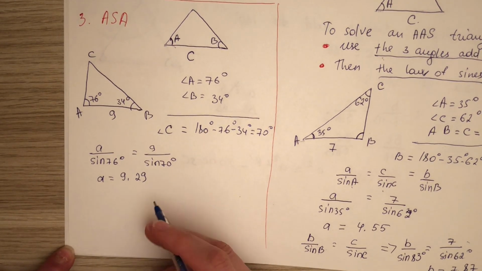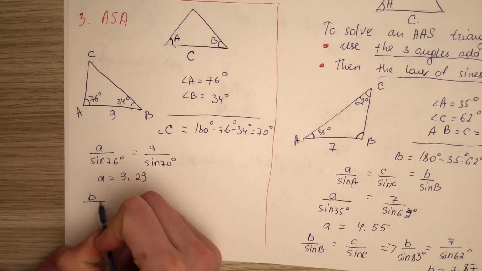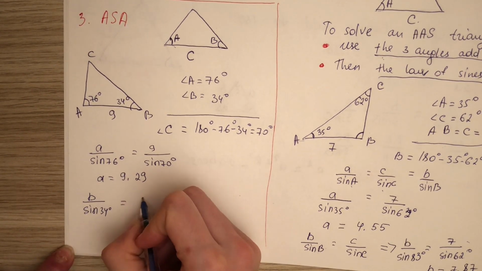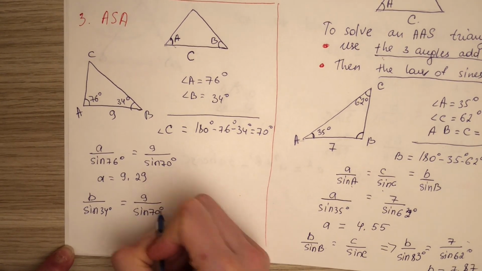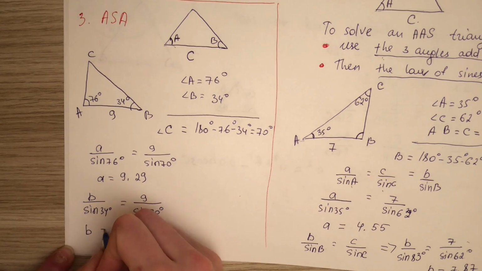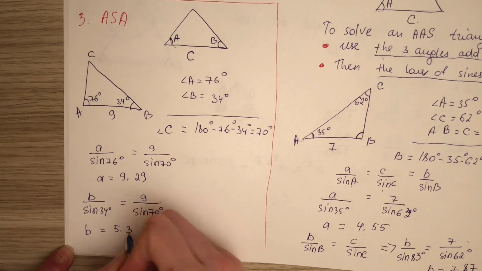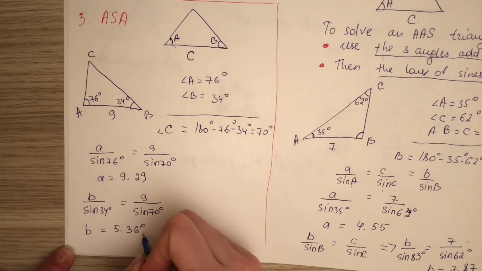Similarly, we can find B. B over sine 34 is equal to 9 divided by sine 70 degrees. Here we get B equal to 5.36.